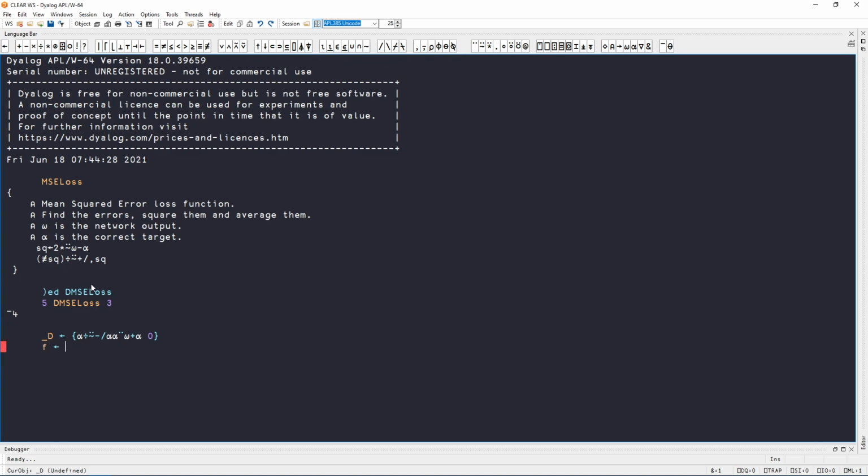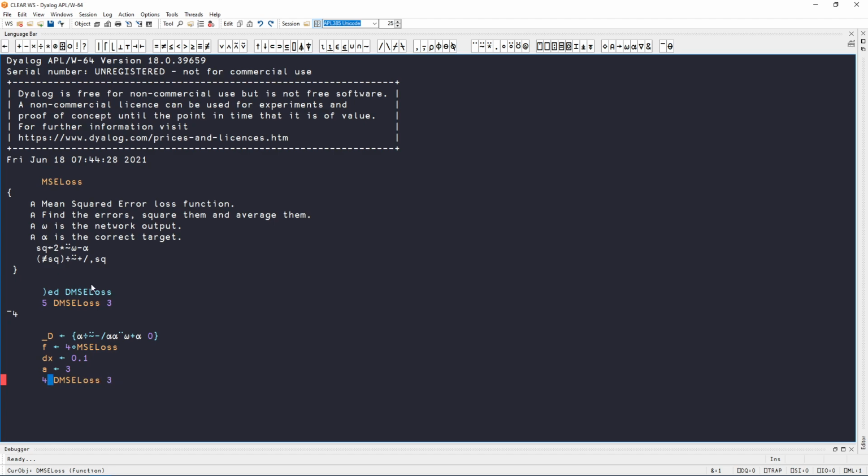Now I can pick some function f, and as an example, we can curry the left argument of the MSE loss function. We pick some value for dx, and we pick some value for a, like we have seen in the video of the numerical approximations. And now, for one, we can compute the actual derivative of the MSE loss function on those points.